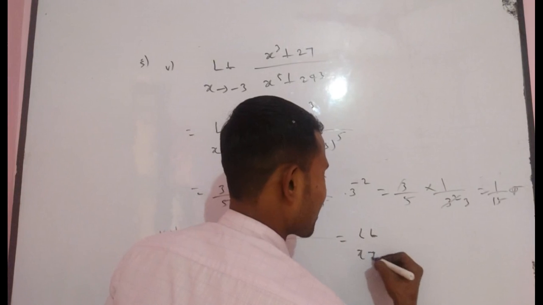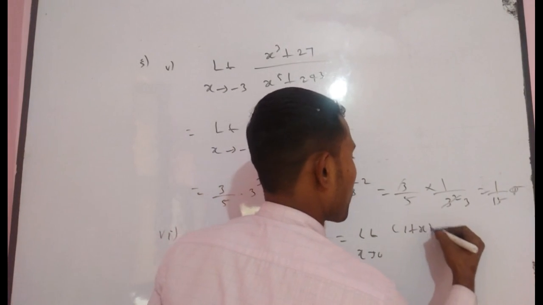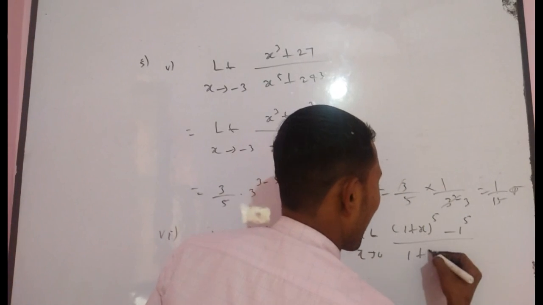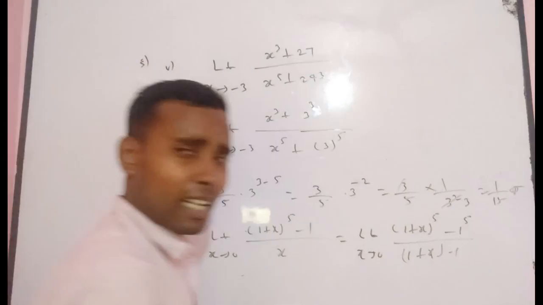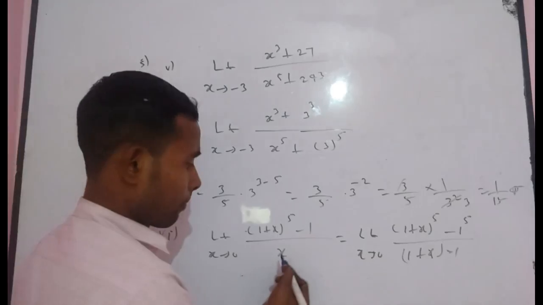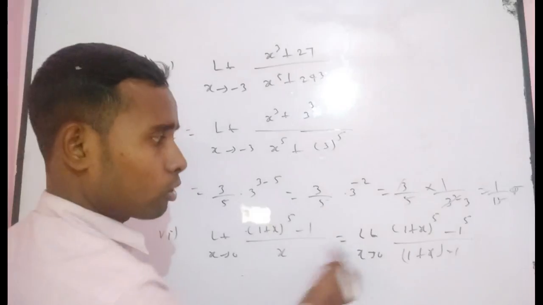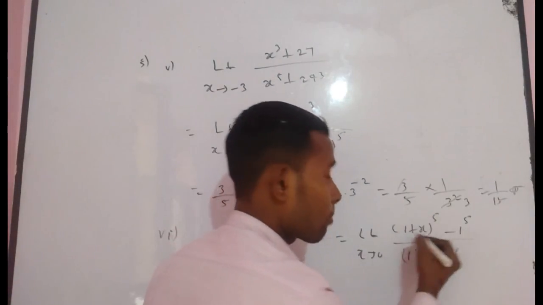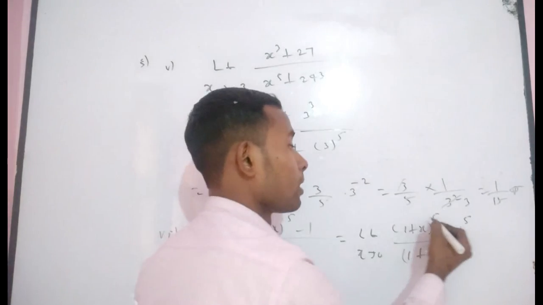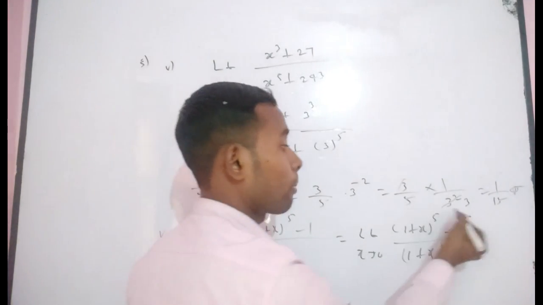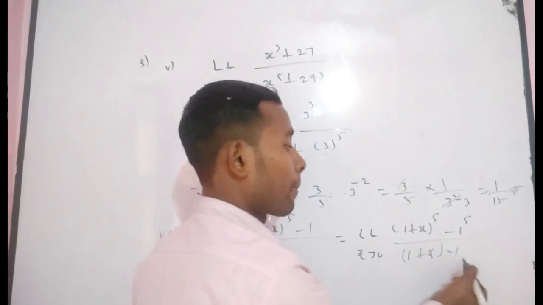Can you write the limit as x tends to 0 of ((1 plus x) to the power 5 minus 1 to the power 5) divided by ((1 plus x) minus 1)? Is it correct? Because 1 and minus 1 cancel each other, simply you get x, both are the same. Now suppose 1 plus x is equal to y, then it will be (y to the power 5 minus 1 to the power 5) divided by (y minus 1).